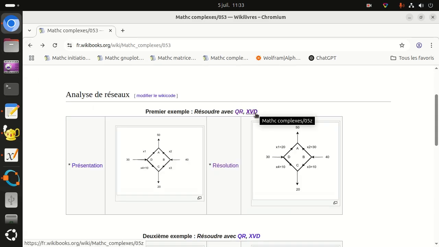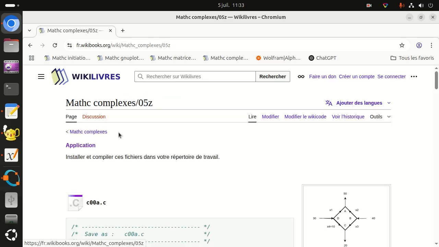Now I want to work with the singular value decomposition.